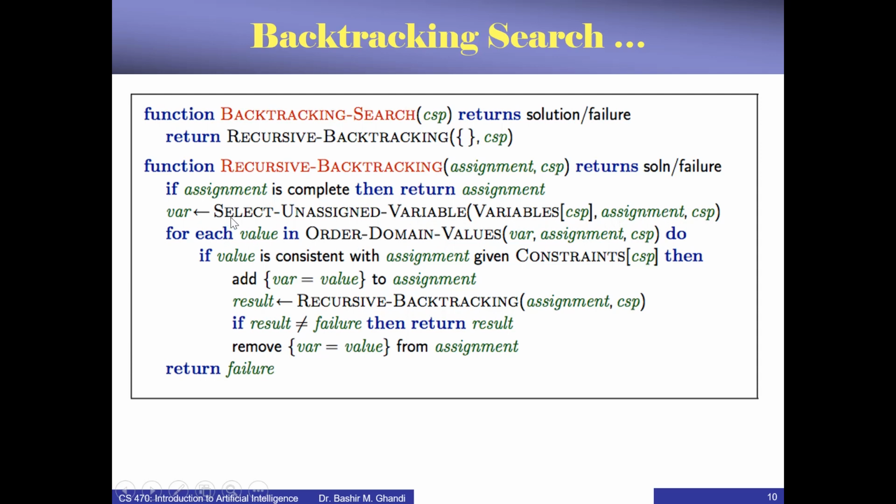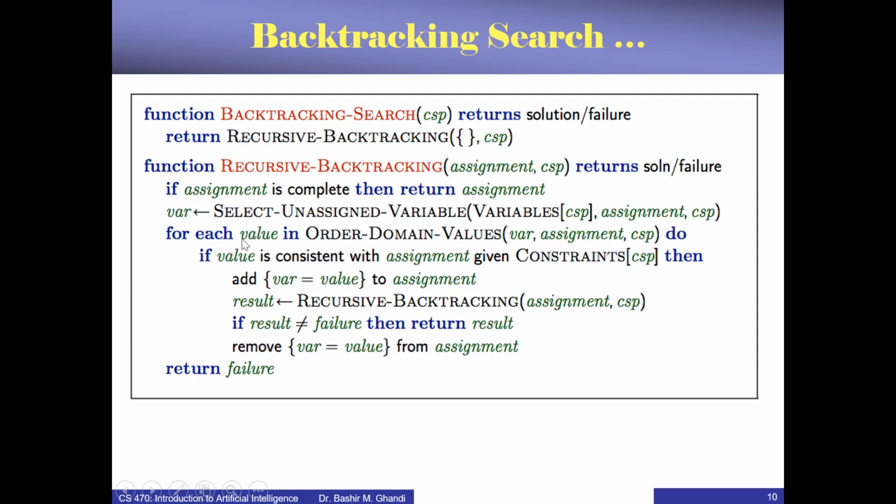So here we assume there is another routine that will actually do the selection. It is called select unassigned variable, where you give it the variables in this CSP, the current assignment already done, and the problem itself. And it's going to return to you a variable that has not yet been assigned.